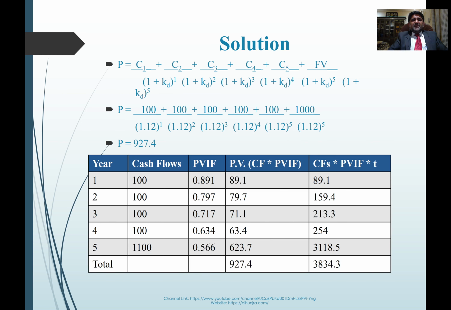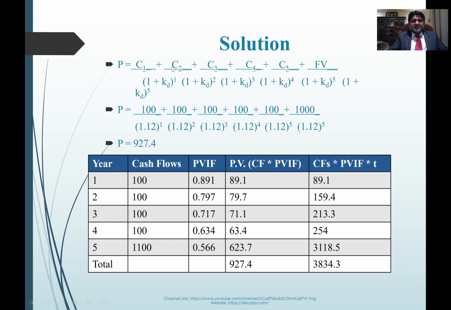So we can find the price with the same formula. C1 means the coupon amount of the first year divided by 1 plus I, if we keep in mind the present value formula. But we are talking about debt, so that is the cost of debt, 1 plus Kd raised to the power 1.